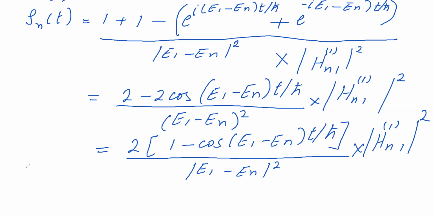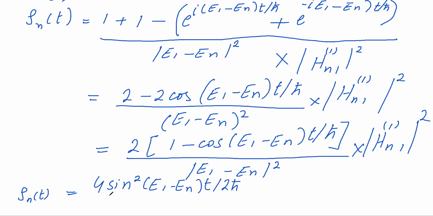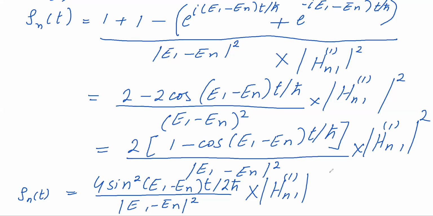Okay, and finally we can say rho n t is equal to 4 sine squared (E1 minus En) into t divided by 2 h bar, over (E1 minus En) squared multiplied by Hn1 superscript 1 modulus square.